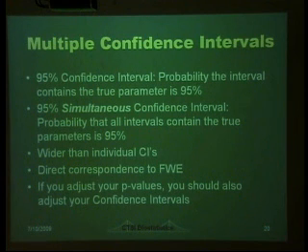A 95% simultaneous confidence interval says that the probability that all the intervals contain the true parameters is 95%. So it gives you a much stronger statement about the coverage of those values. The simultaneous confidence intervals will be wider than the individual confidence intervals, but they have this direct correspondence to the family-wise error rate. So if you adjust your hypothesis test to deal with multiple comparisons, you really should adjust your confidence intervals to reflect that as well.